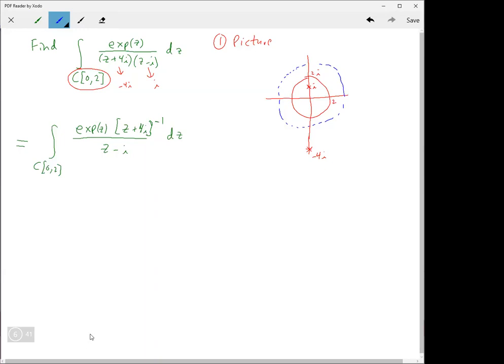Which is, if you have this, it is 2 pi i times f of w, right? So that was Cauchy's integral formula.